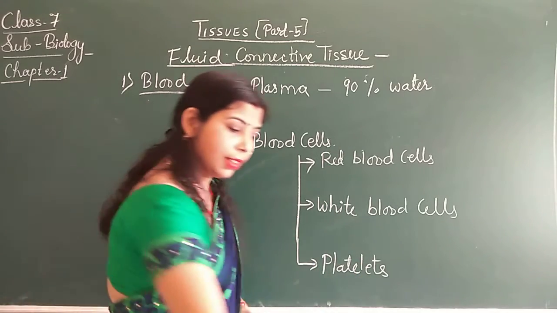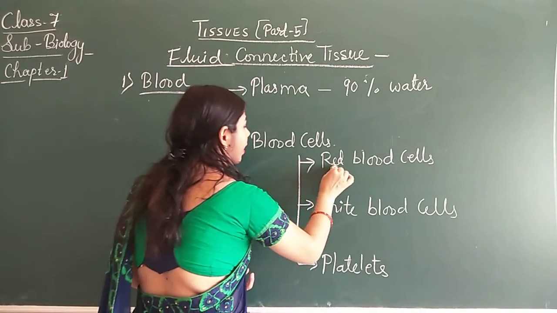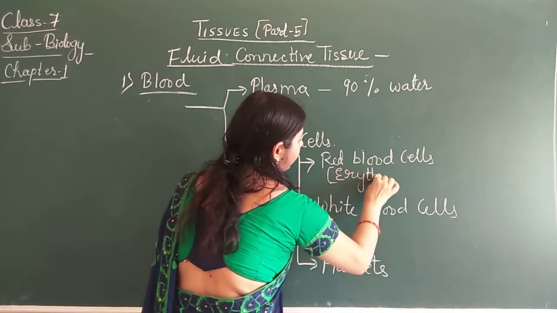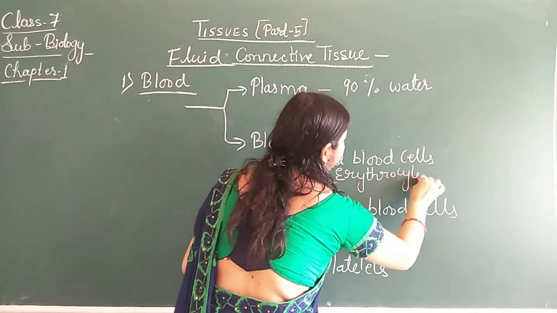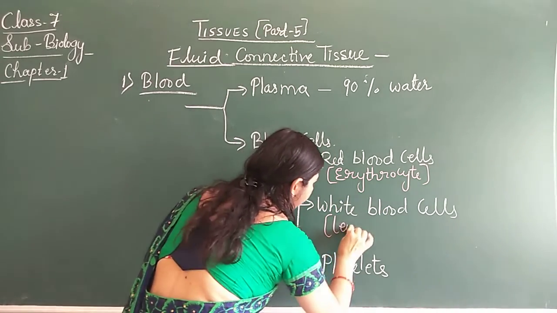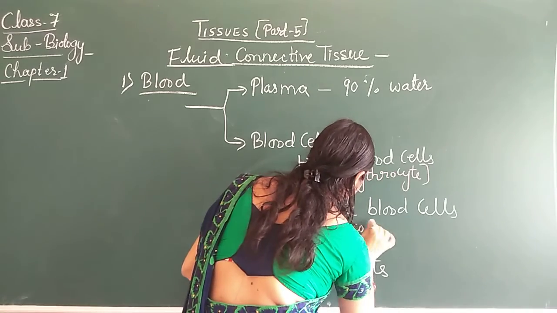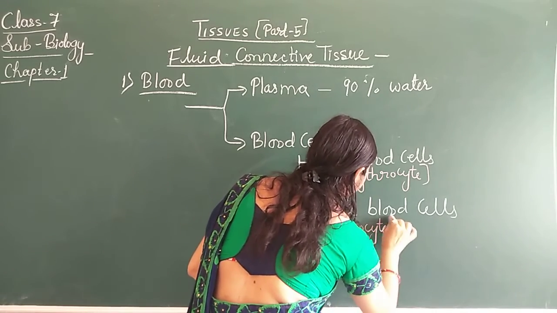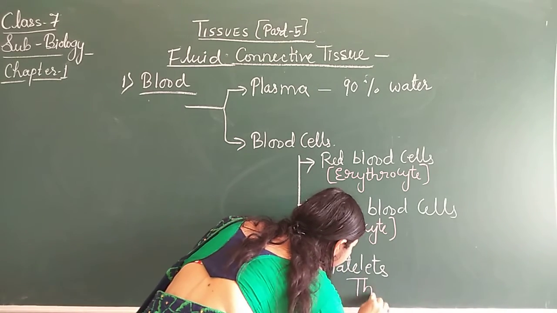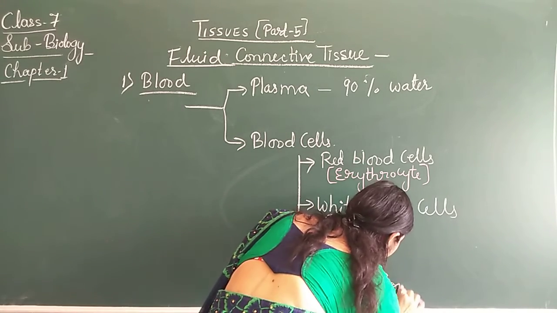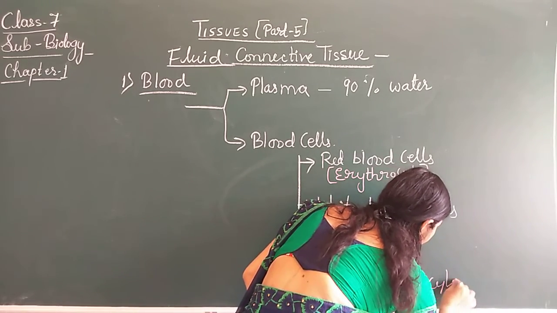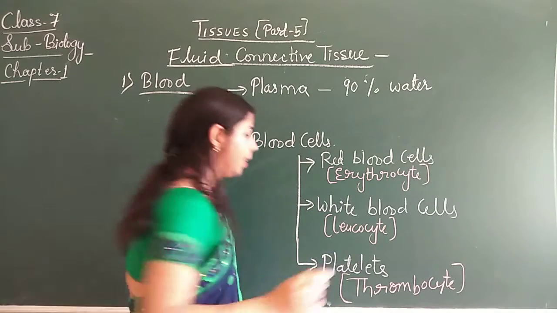The red blood cell in biology is also known as erythrocyte. The white blood cell is also known as leukocyte. And the platelets are also known as thrombocytes.